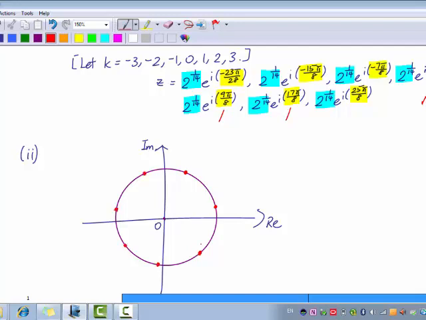So here you can see I've completed my round around the circle, and all 7 roots are equally spaced out. Let us indicate the radius of the circle as well. 2 to the power of 1 over 14.